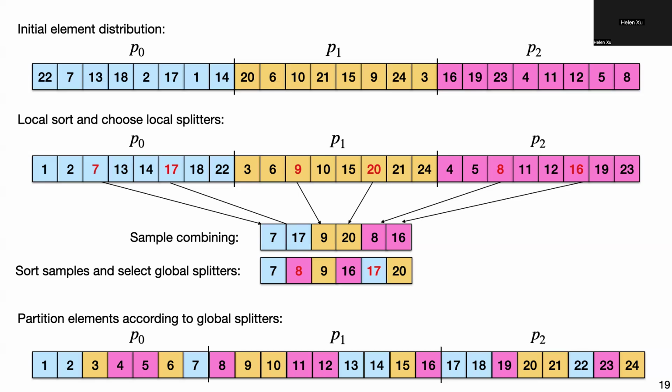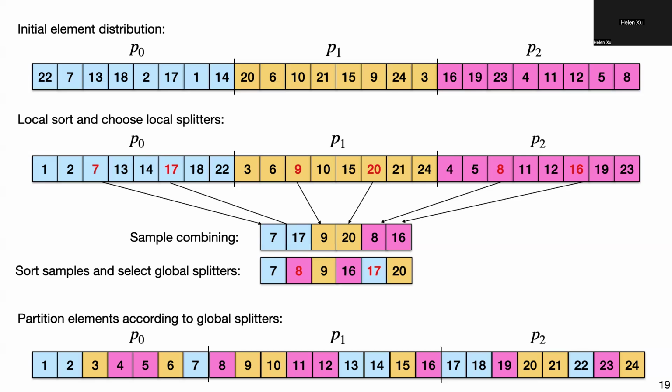These are called local splitters, which are the splitters that everybody chose, and the ones that got picked, these red ones here, are called global splitters. Those are evenly spaced out in the local splitters. The argument is that between two global splitters, there are at most p local splitters. And that makes sense because of the way we constructed them.